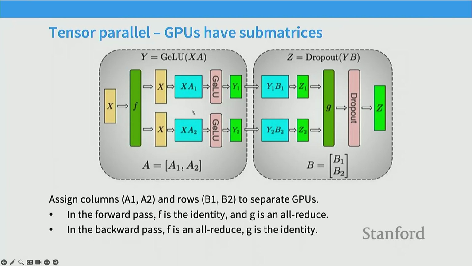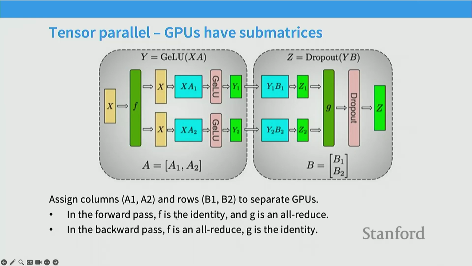These are splitting up the matrices. I want to do this operation, Y equals GELU(XA). I'm going to split up my matrix A into A1 and A2. And then on the right-hand side, I want to compute dropout(YB), and then return the result as Z. So I'm going to also cut up B. I've cut up both of my big parameter matrices, A and B, into two parts.